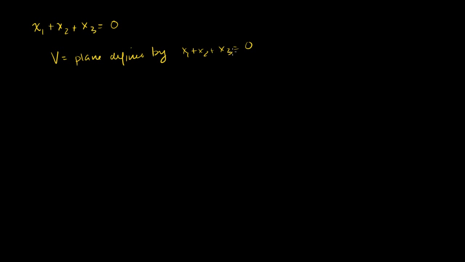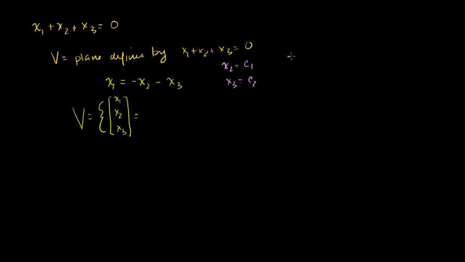If we subtract x2 and x3 from both sides of this equation, we know that x1 is going to be equal to minus x2 minus x3. Or we could say that our subspace V is equal to the set of all of the vectors x1, x2, and x3 in R3 that satisfy the equation. Let's say that x2 is equal to c1, and x3 is equal to c2.